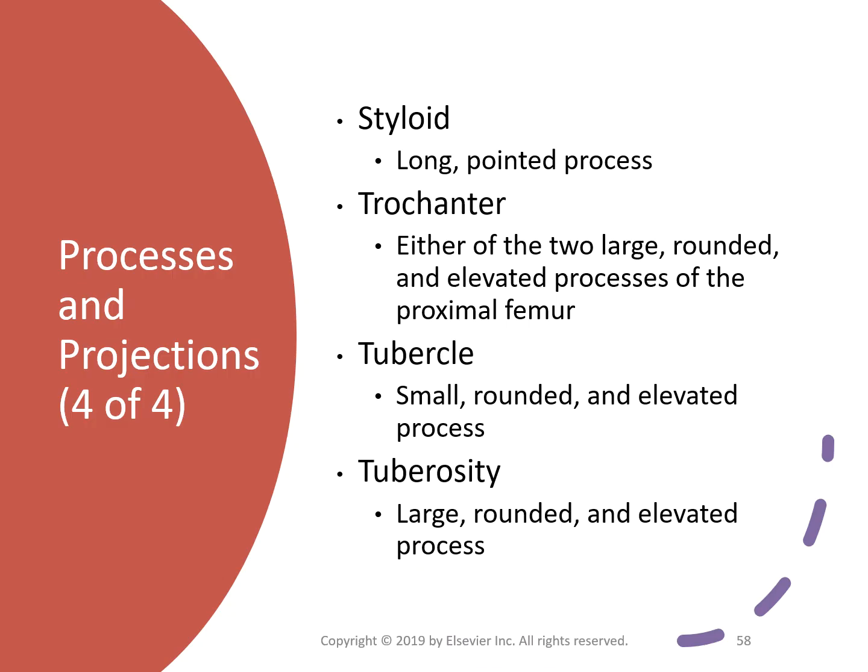A trochanter is either of two large rounded and elevated processes of the proximal femur. So you only find trochanters at the proximal end of the femur by the hip.